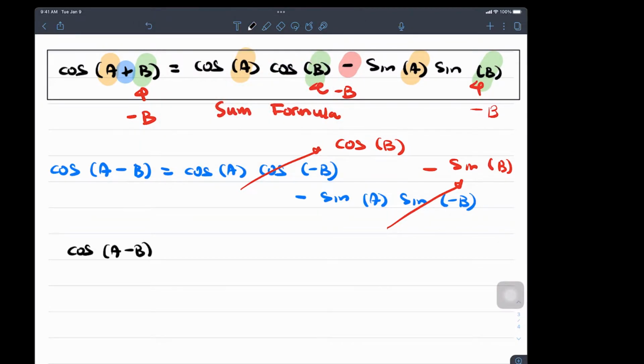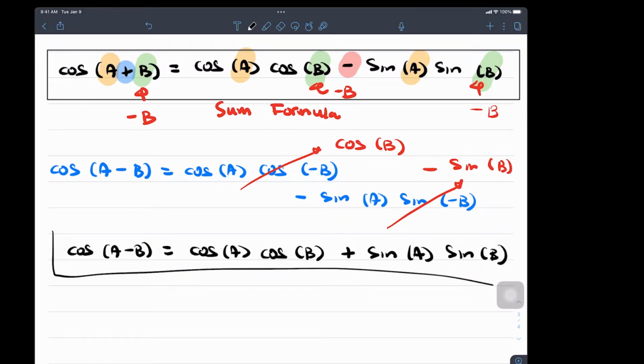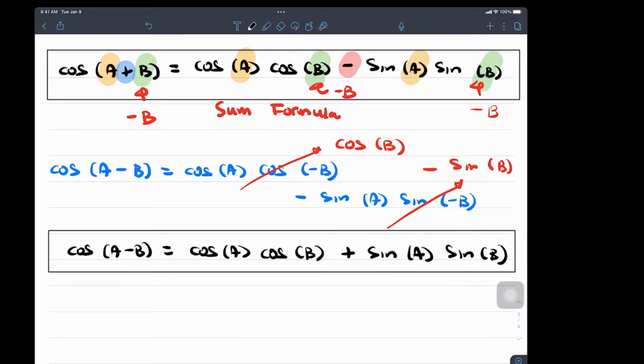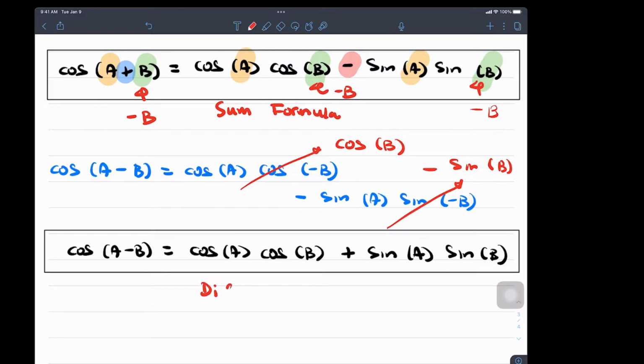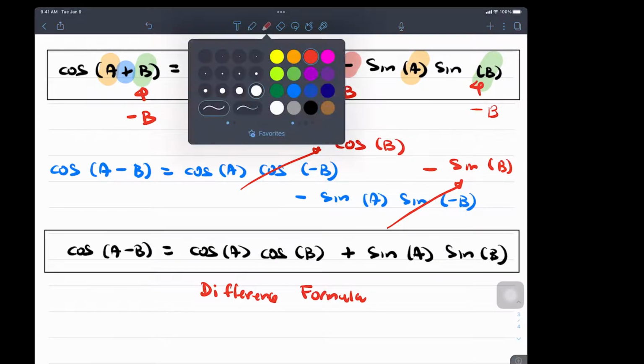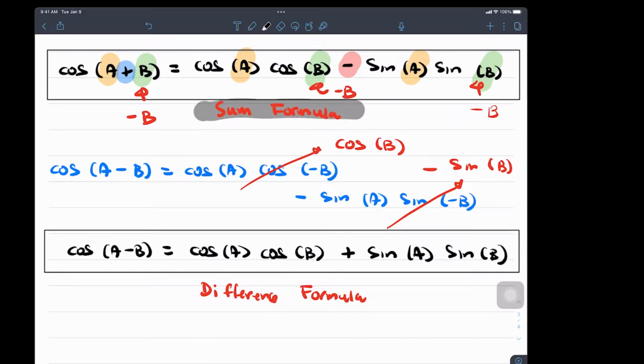Cosine A minus B is cosine A cosine B, minus a minus, plus sine A sine B. And this is a what? Difference formula. Sum formula, difference formula.